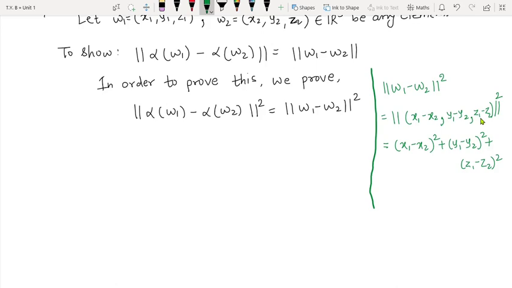Okay, so why have we done it? Because we are going to start from this LHS and we are going to approach this equation. So once we approach this equation, it is same as this and it is same as this, and that is our right hand side.